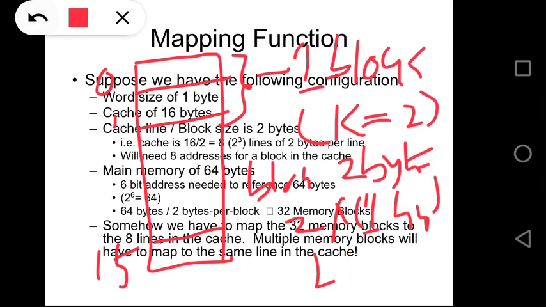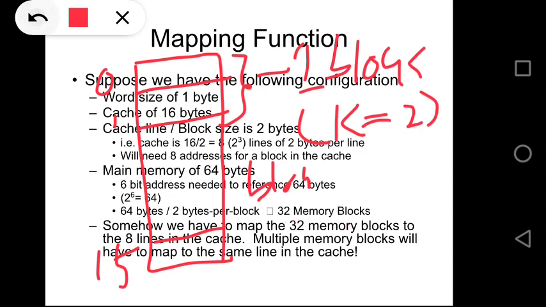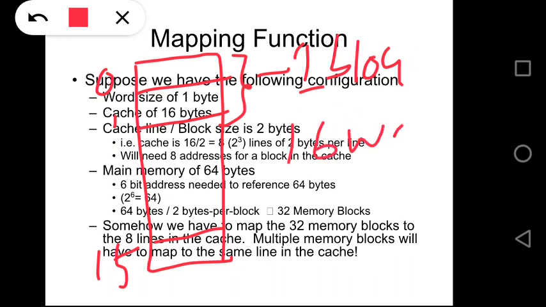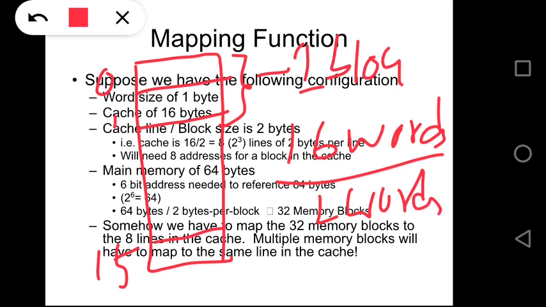So I should divide the cache's total 16 words, and 2 words I am calling a block, so there will be 8 slots.